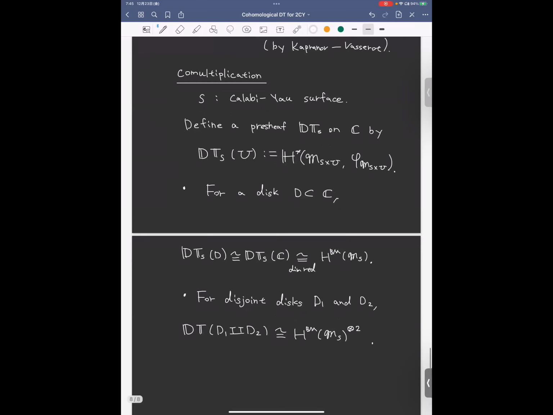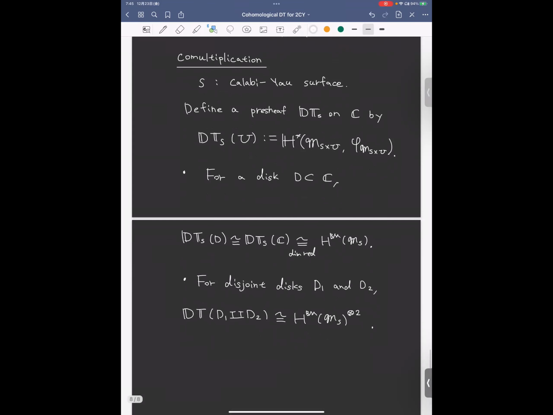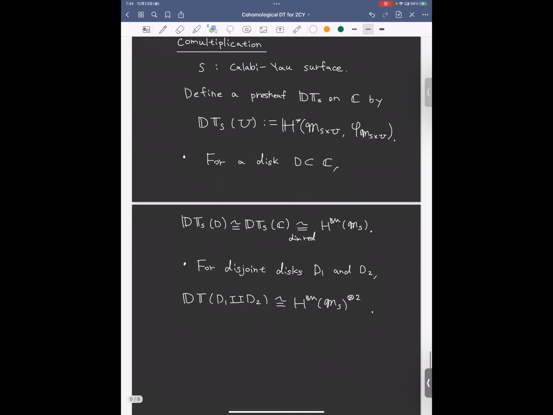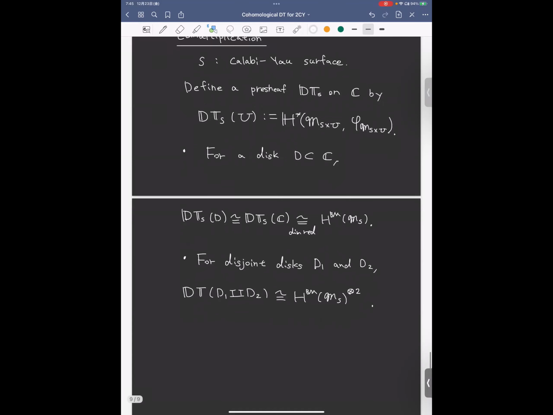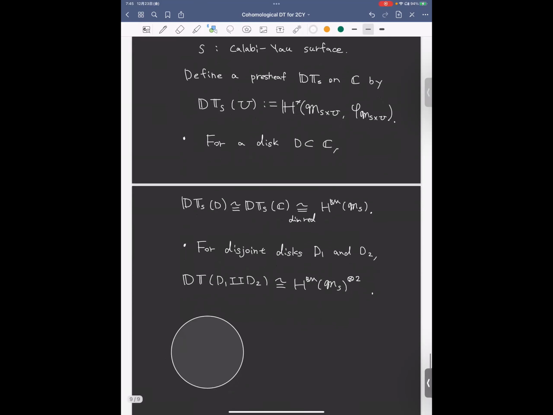So using these properties, we can define co-multiplication by considering the following diagram. Okay. We consider a large, sorry, it's not a disk, we consider a large open disk, and we have two small open disks.